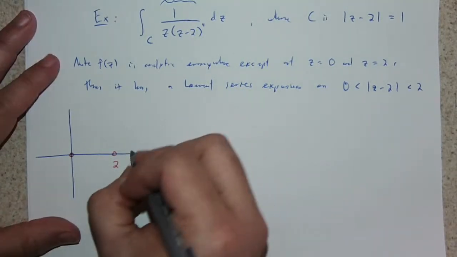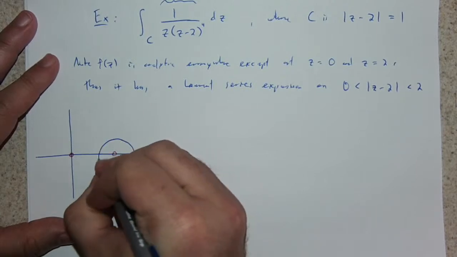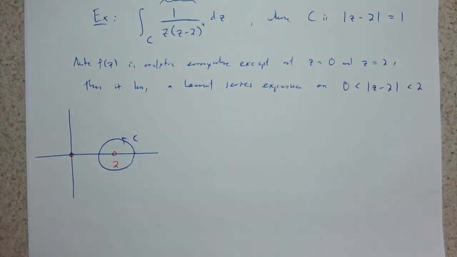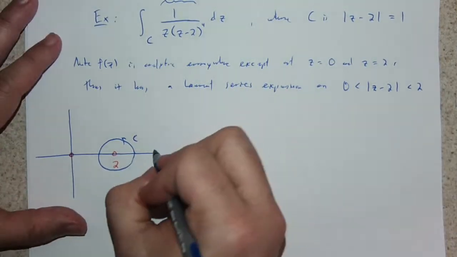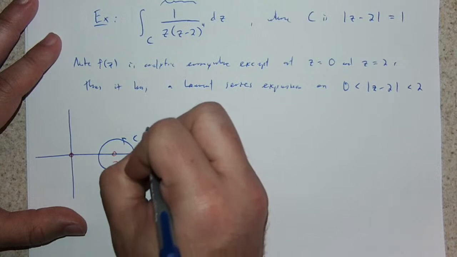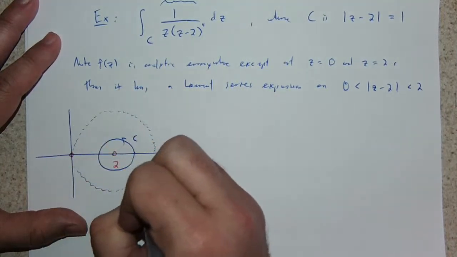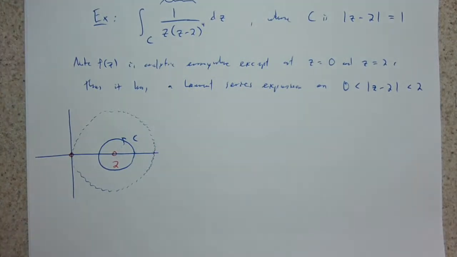My circle C is positively oriented, centered at 2 of radius 1. And my Laurent series expansion is valid on this neighborhood, that punctured neighborhood of 2.